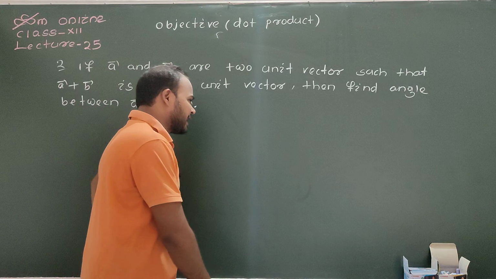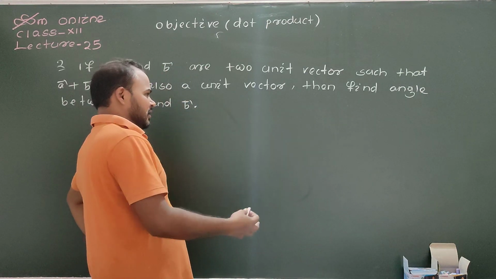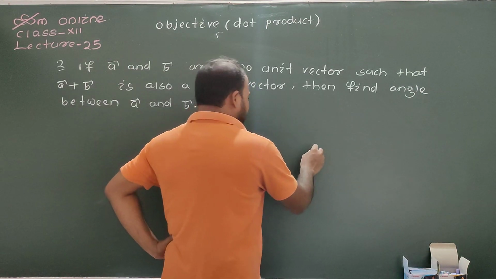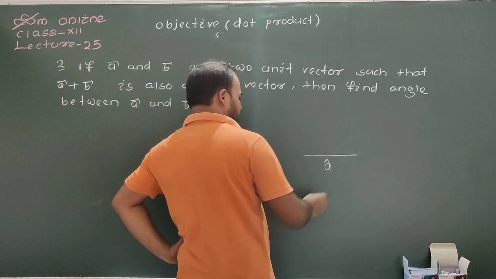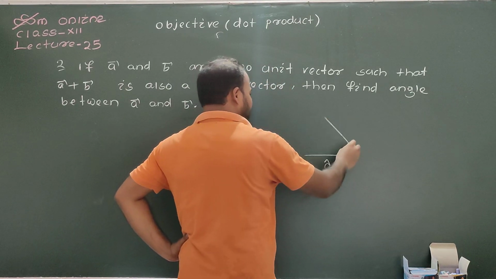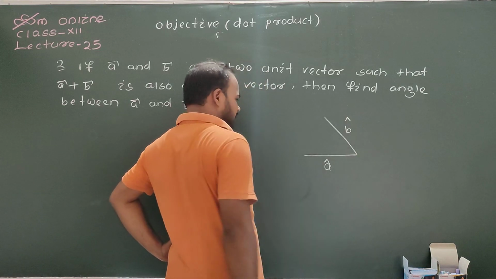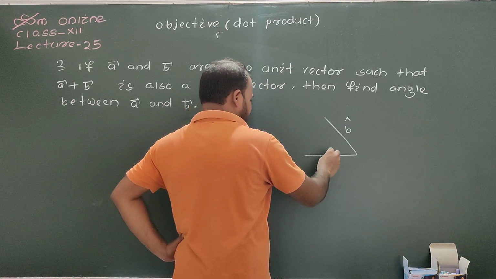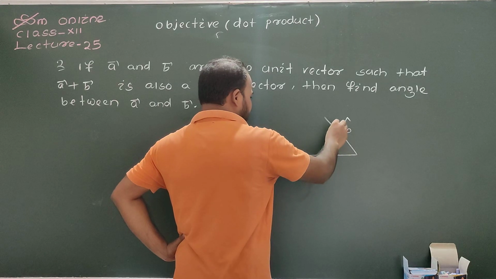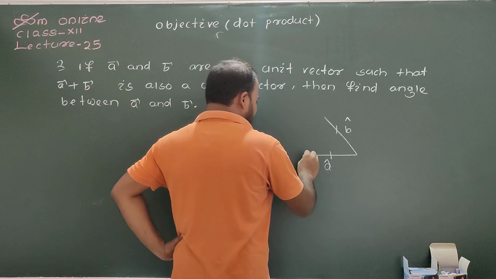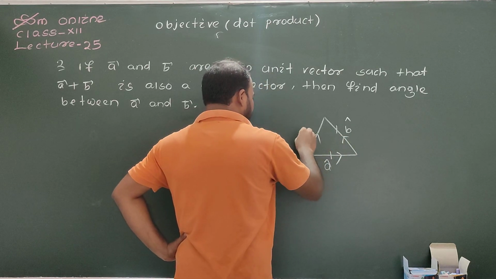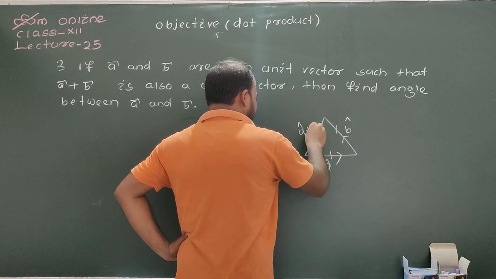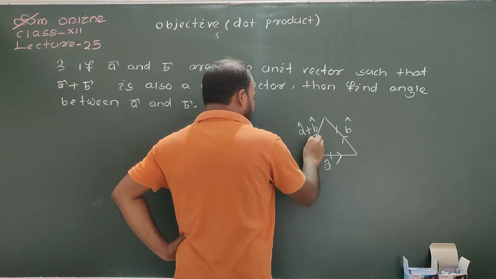If we try to understand this with a diagram, it will be easy. Suppose this is a cap, a unit vector, and this is b cap, also a unit vector, that means its magnitude is 1. And this is the resultant vector, a cap plus b cap, and it is also a unit vector.